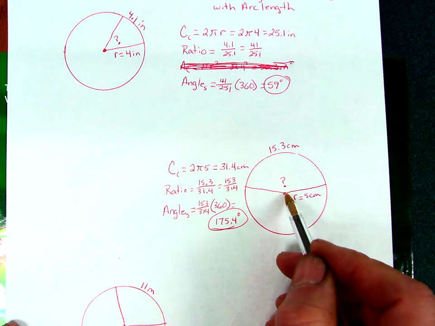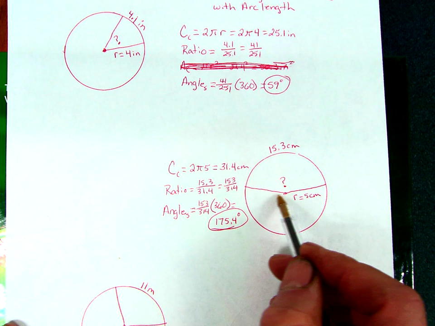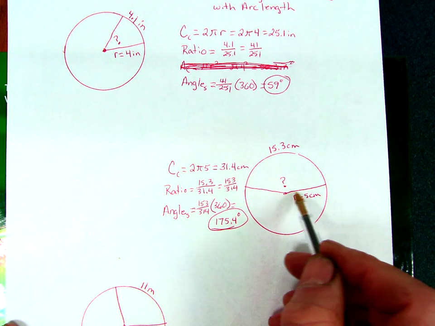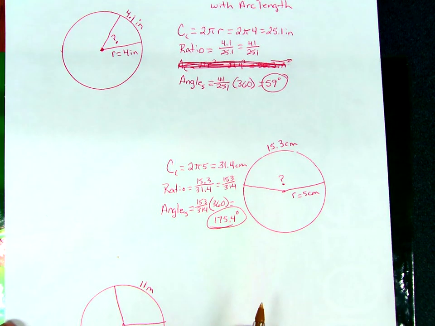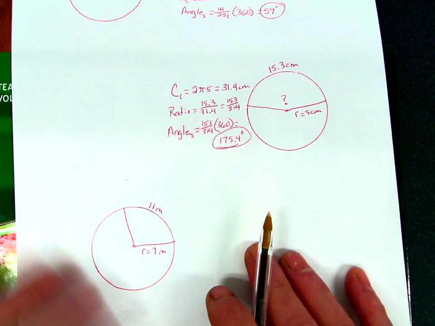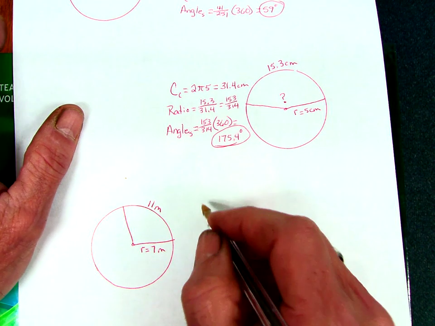That makes sense because if we drew this straight across, that would be a diameter, which is 180 degrees. All right, another one.